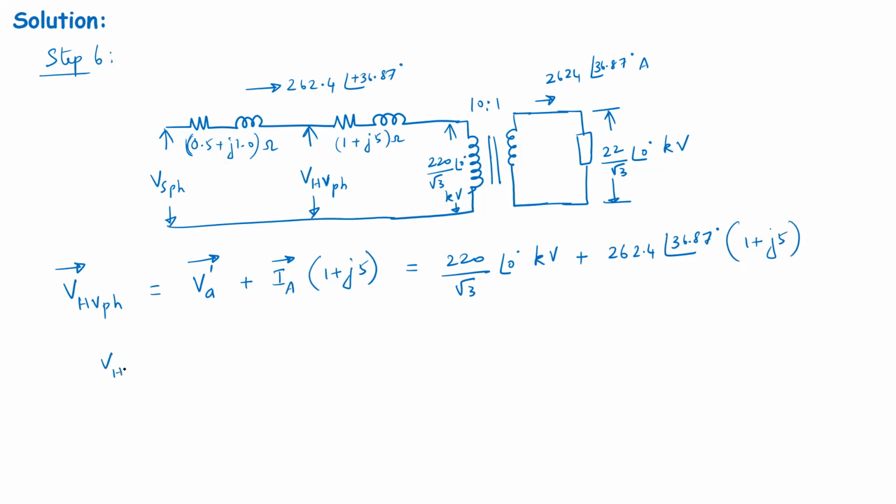So if you solve that, the high voltage side per phase voltage is going to be, let me quickly do the math, 220 kV divided by root 3 at an angle of 0 degrees plus 262.4 at an angle of 36.87 into 1 plus 5J.